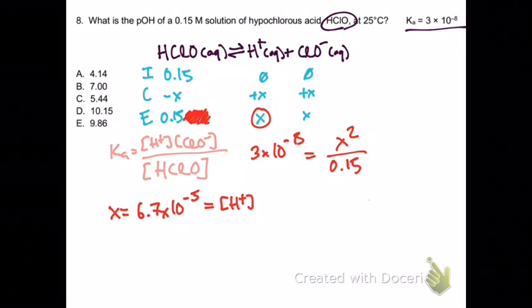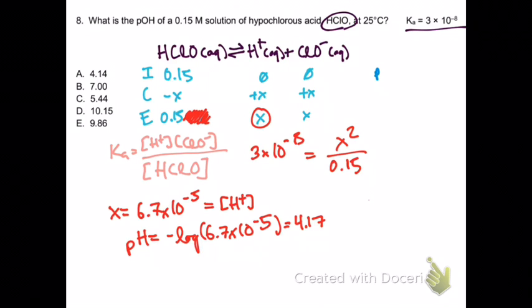So if we take the negative log of that, we're getting the pH. So the pH, which is the negative log of 6.7 times 10 to the negative 5th, is equal to 4.17. And then to finish this problem off, we just need to remember that pH plus pOH equals 14, specifically at 25 degrees Celsius.